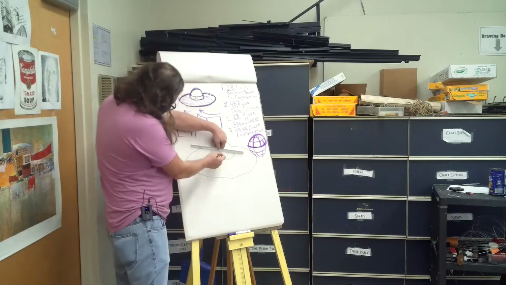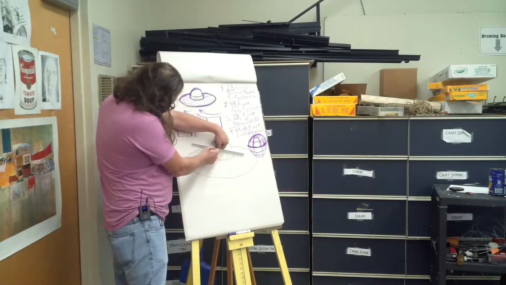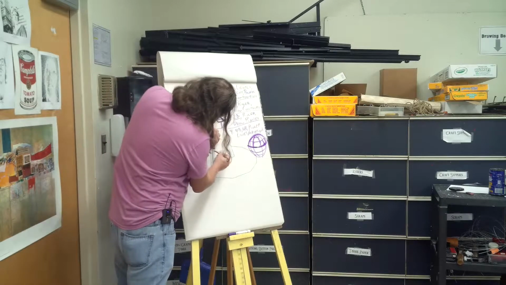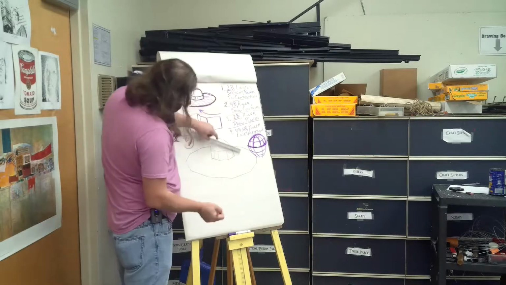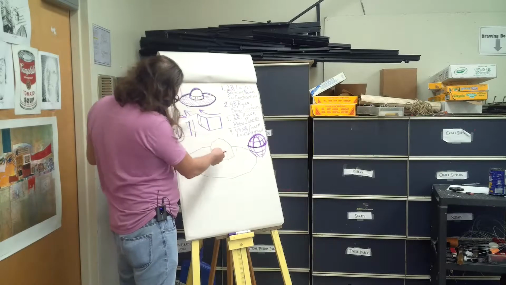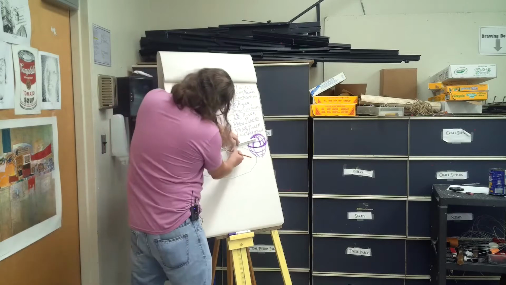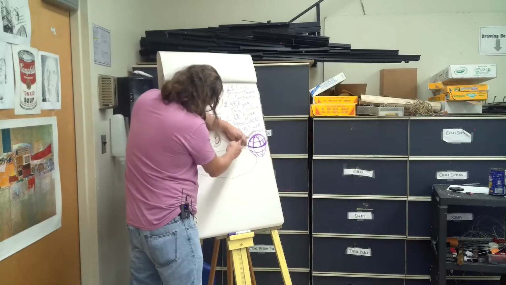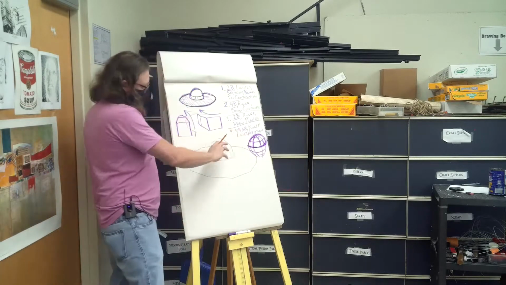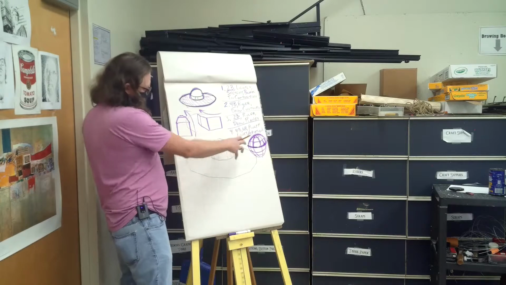And then give myself another one here that's a little smaller and more foreshortened than that. And here, even smaller and even more foreshortened. And then do the same thing over on this side. Right? That starts to give me this feeling of this being an object that's curving that direction.